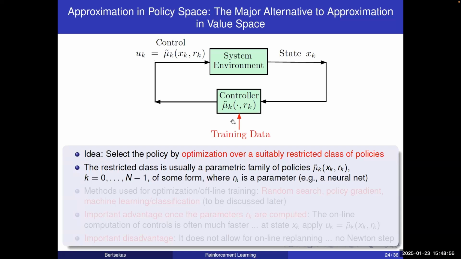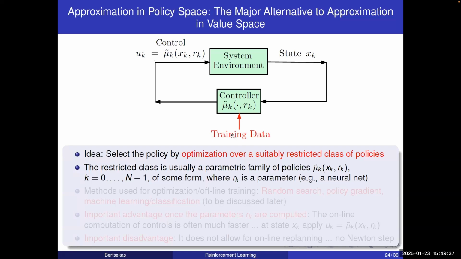Then suppose that through some approach, we get some training data, which are state-control pairs. It can be given by an expert, or even by an expert computer or software, as we will come to shortly. Given those training data, we may design a neural network that tries to mimic the training data pairs: given a state as input, it directly spells out the control, and we try to have this neural network approximate the training data as closely as possible.